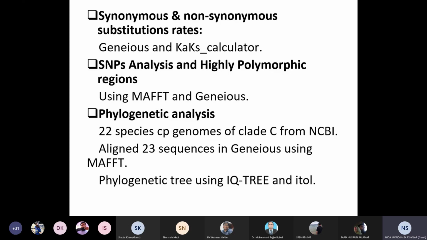Phylogenetic analysis was done by downloading 22 species of Clade C from NCBI and aligning 23 sequences in Geneious using MAFFT. The phylogenetic tree was made using IQ-TREE and refined using iTOL.